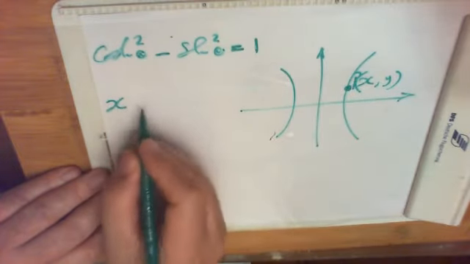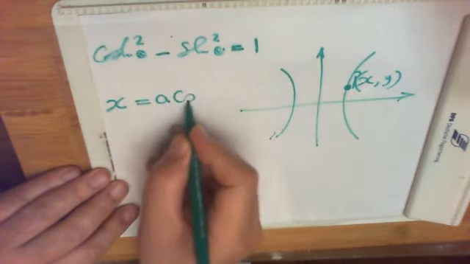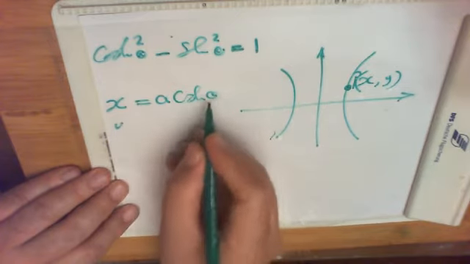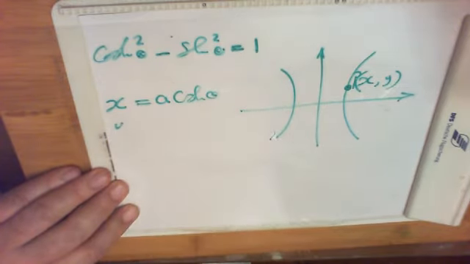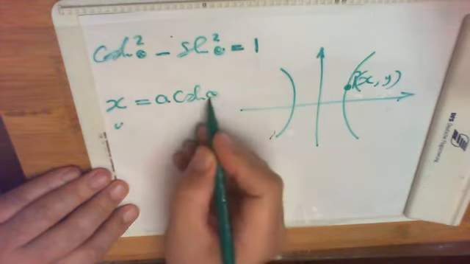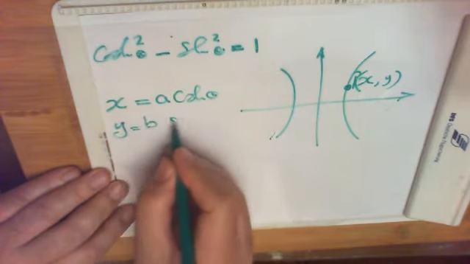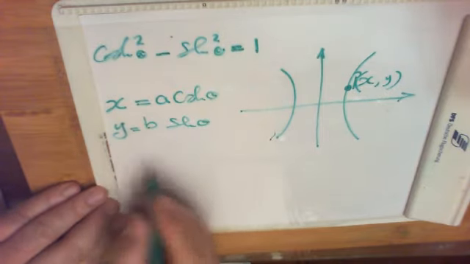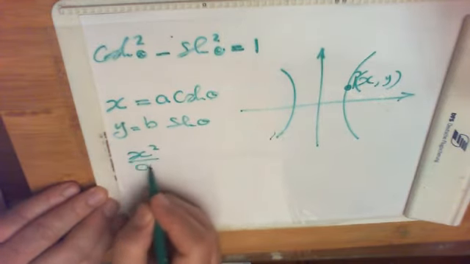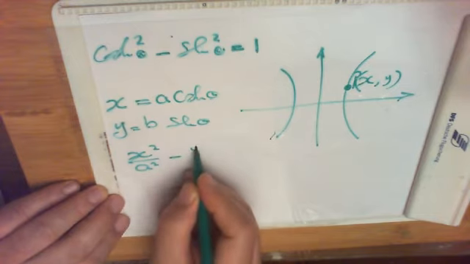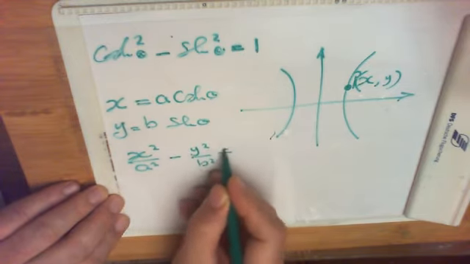Okay? If x equals a cosine theta. Remember, theta is not an angle here. Theta is an angle in case of sine, cosine, tan, cotan, sec, cosec. But in the case of the hyperbolic functions, this is just some number. y equals b sine theta. But we have the equation of the hyperbola as x squared over a squared minus y squared over b squared equals 1.